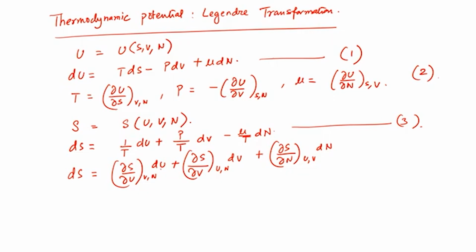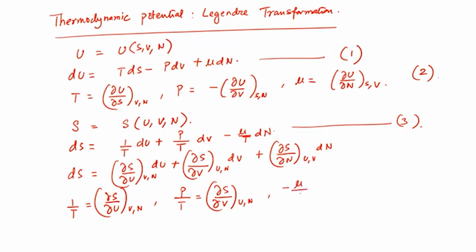So, you have a dU here, the first term, and the coefficient is 1 over T. So, 1 over T is equal to del S del U at constant V, N. P over T is nothing but equal to del S del V at constant U, N, and mu over T, or minus mu over T, equal to del S del N at constant U, V. Okay.